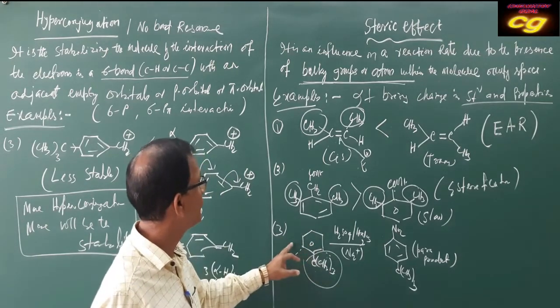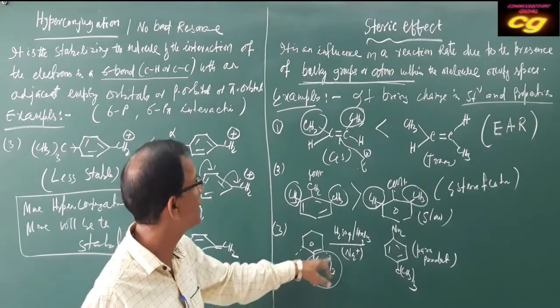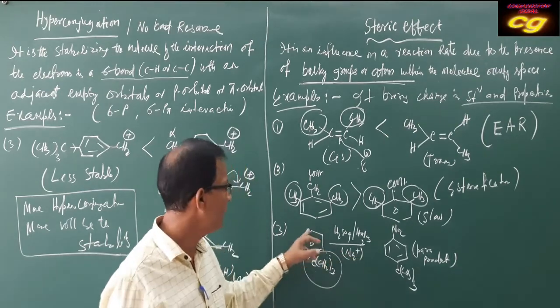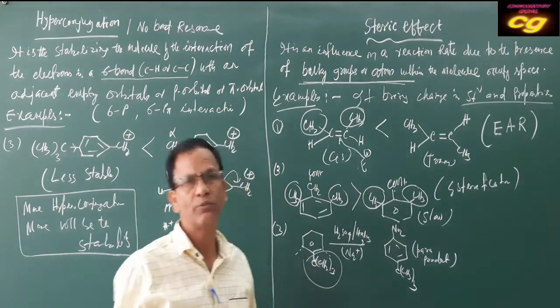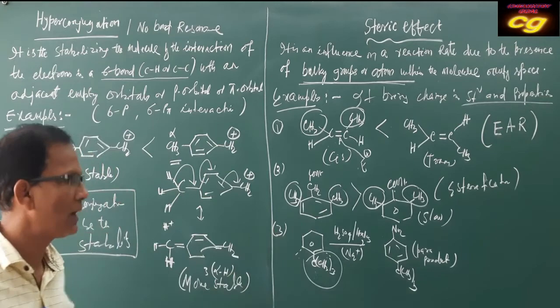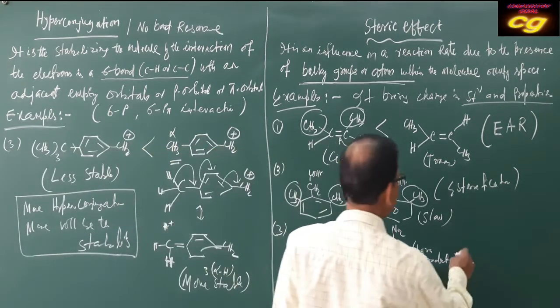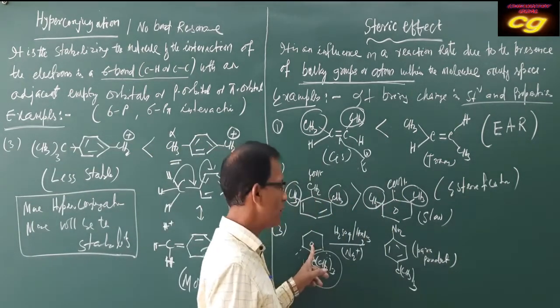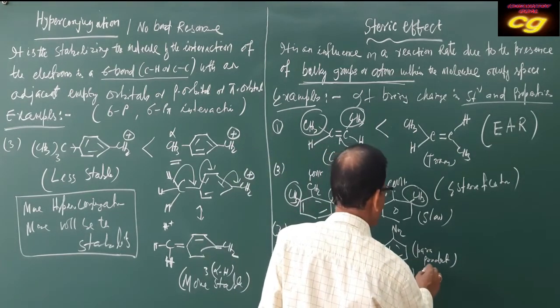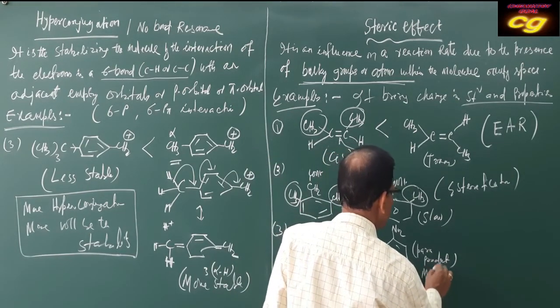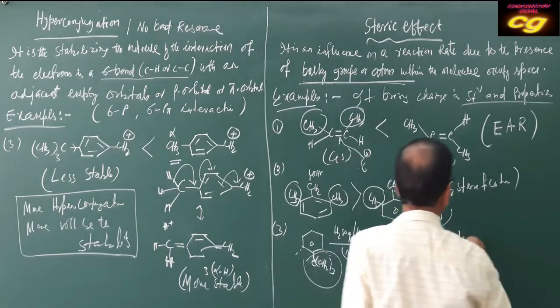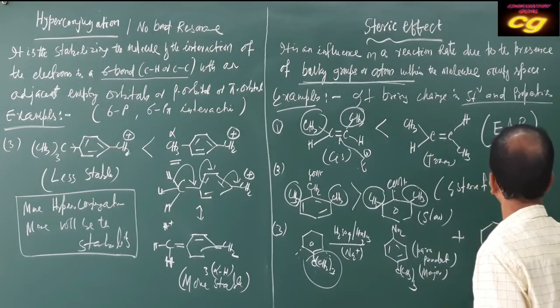The ortho position is not free due to this bulkier group. That's why the electrophile attacks which position? Para position. That's why the product is para, not ortho. Ortho product is very less. This is your major product, and this is your minor product.